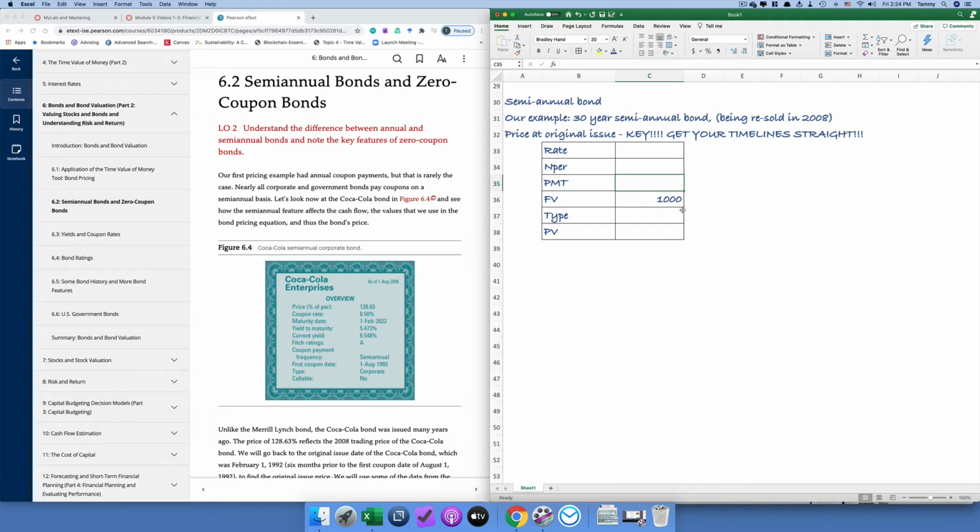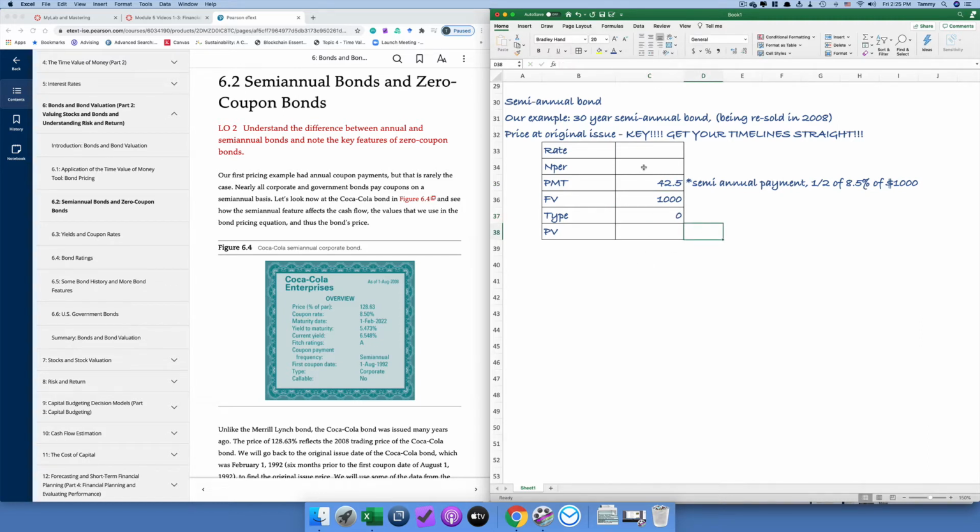Remember, this is a semi-annual payment, which is 1/2 of 8.5% of 1,000. So that is 42.50, right? 4.25% is 1/2 of 8.5%. This is semi-annual, and our type is always going to be 0 as well.